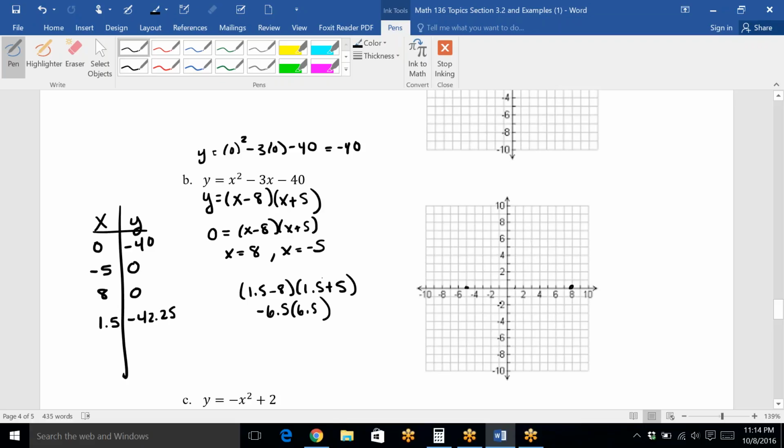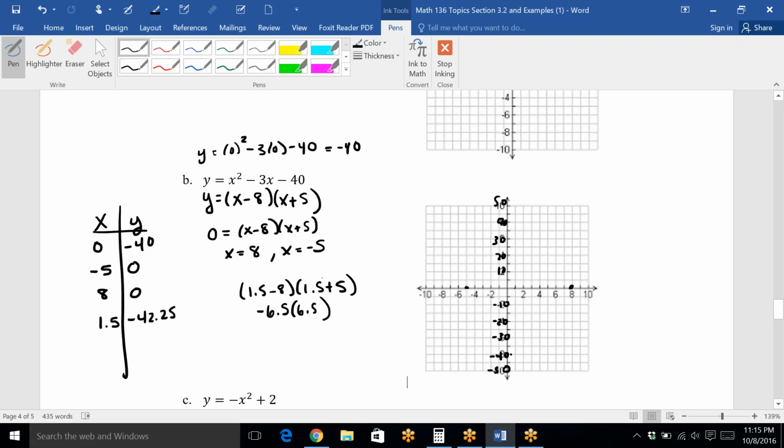We may have to go by tens. So these would change to 10, 20, 30, 40, 50, and negative 10, negative 20, negative 30, negative 40. Just changing the scale so we can actually plot some of these points.